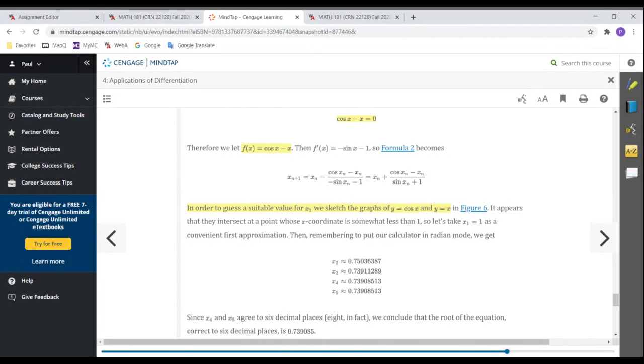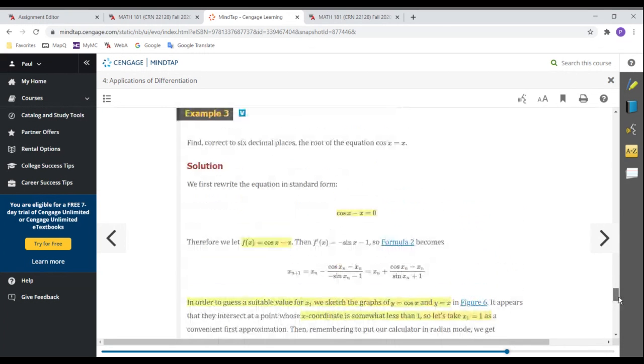It appears they intersect at a point whose x-coordinate is somewhat less than 1. So let's take x1 equal to 1. Remember, you're finding the roots of cosine of x minus x equals 0, which is where cosine of x equals x.